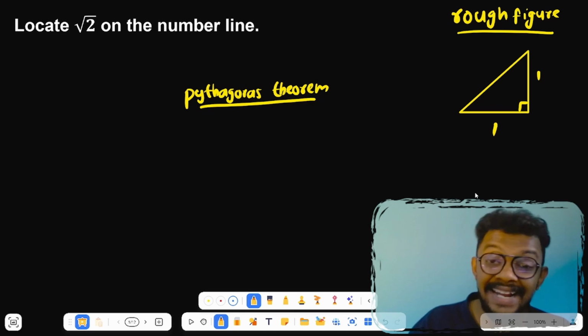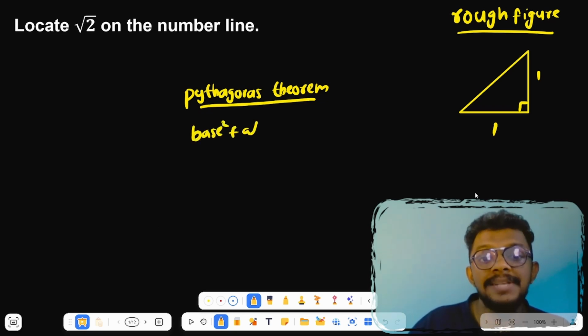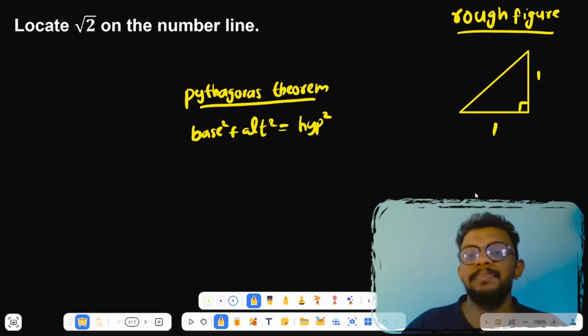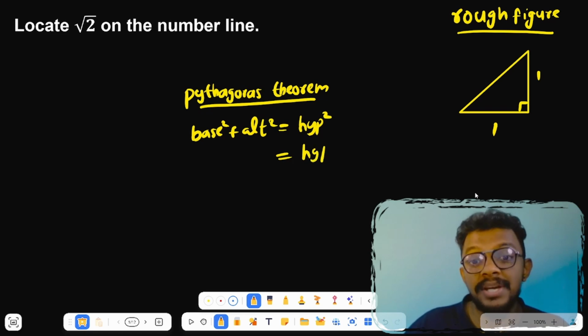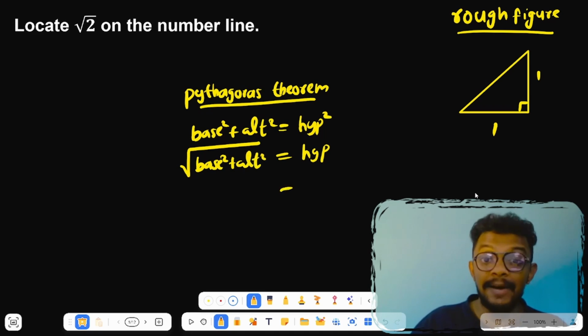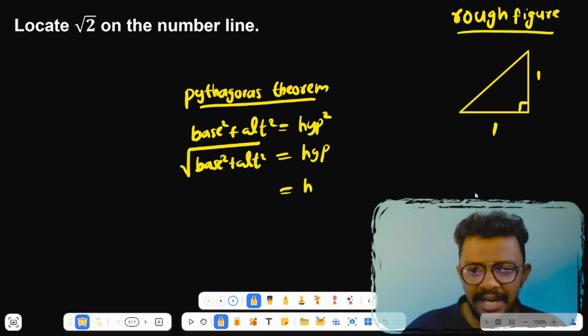Pythagoras theorem states that in a right angled triangle, base square plus altitude square is equal to hypotenuse square. That means from this equation, hypotenuse is the root of base square plus altitude square. In our case, what is the hypotenuse? Hypotenuse is opposite to 90.